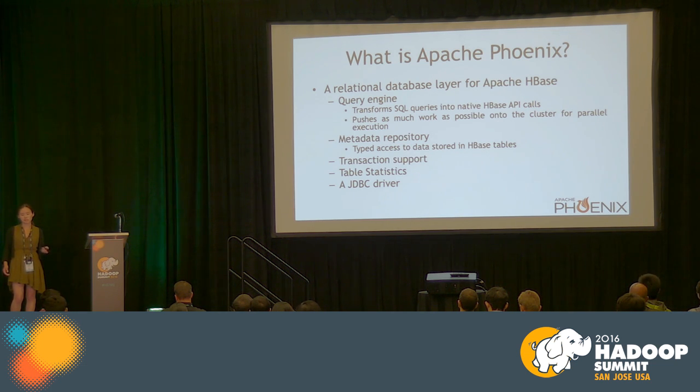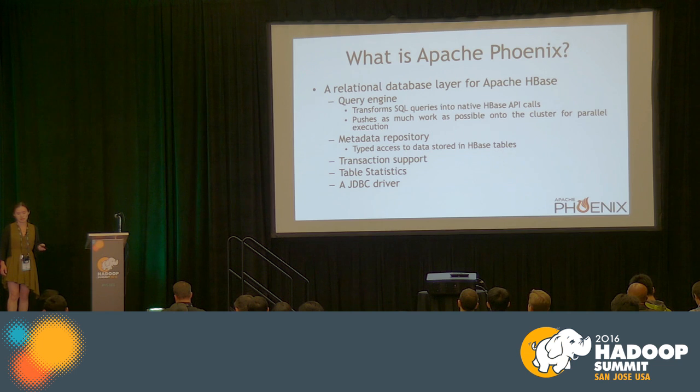So the table definition, along with all the other metadata information, such as view definition or sequence definition, are stored behind the scenes in these Phoenix system tables, which are essentially HBase tables. And starting from Phoenix 4.8, we are excited to have transaction support as one of our major features.